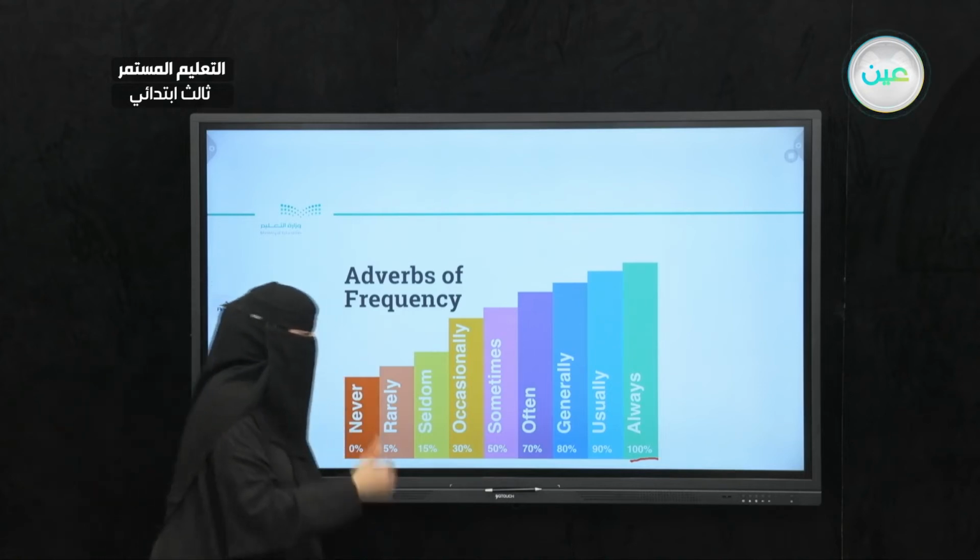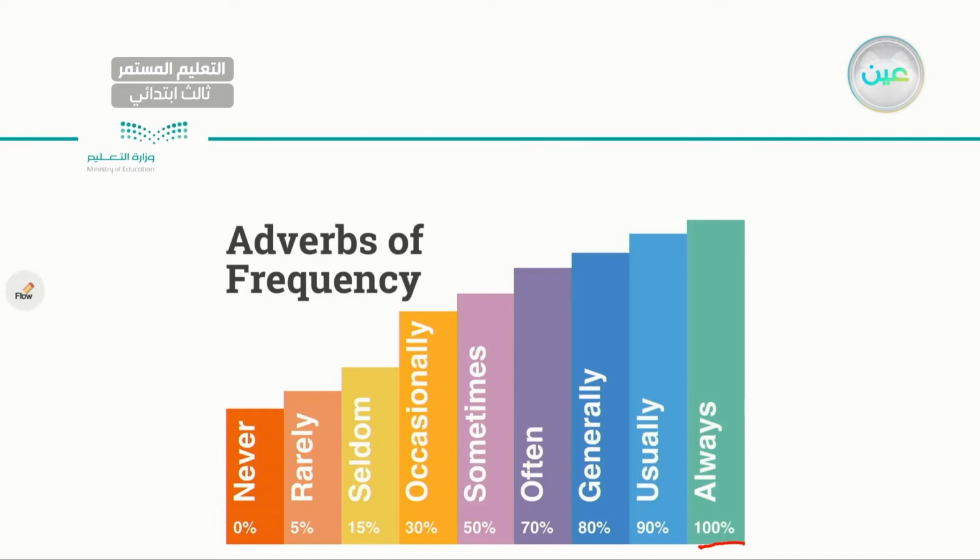While we are moving down, the percentage is dropping. So I have usually 90%. Moving down to generally, often, sometimes it's 50%. Then occasionally, seldom, rarely, until we reach 0%, I have never.